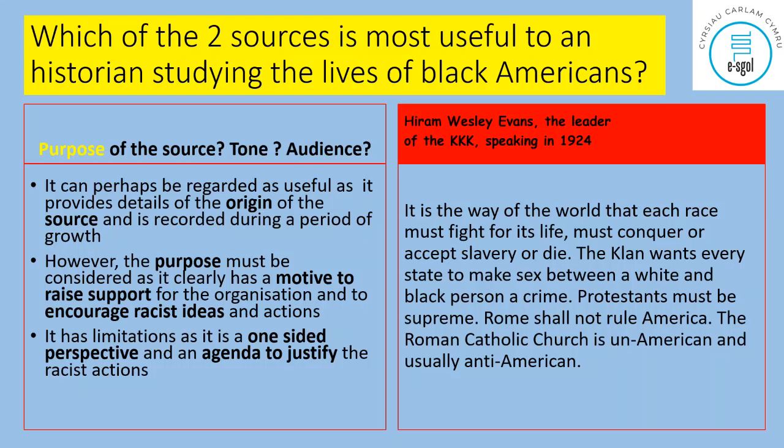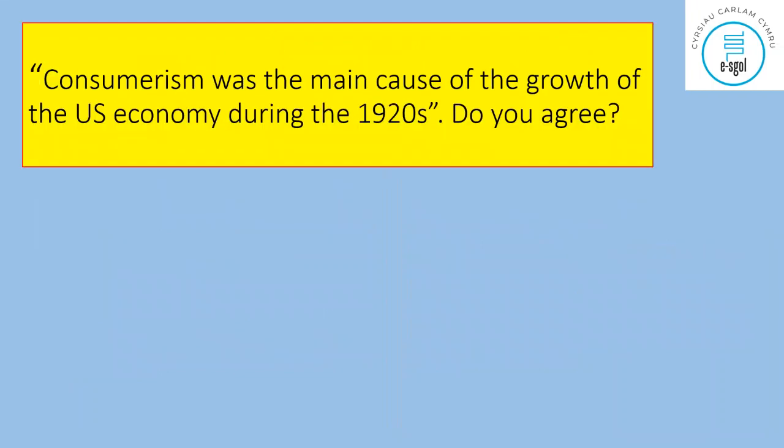We said it should be based on factual research and details, whereas the second source clearly has an inbuilt agenda, clearly has an element of hatred and anger. Its tone is one of disharmony. That was a typical question 4.